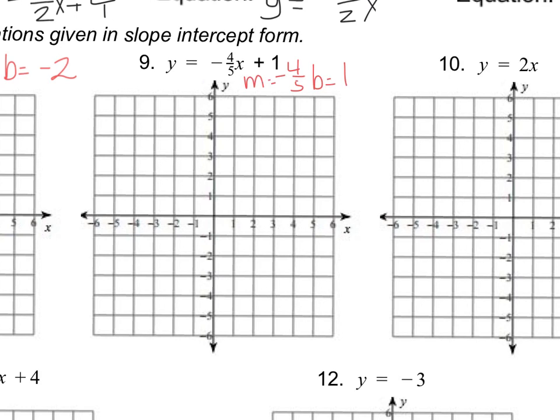Okay, so now if our y-intercept is 1, on the y-axis, put a point at 1, then you are going down 4 to the right 5. Again, 1, 2, 3, 4, 1, 2, 3, 4, 5.